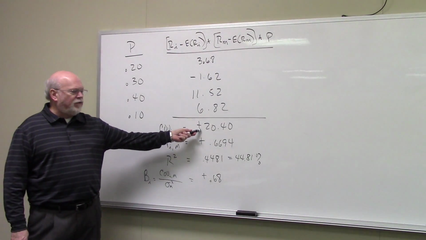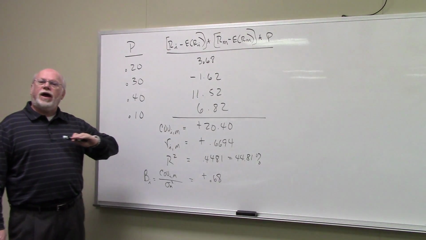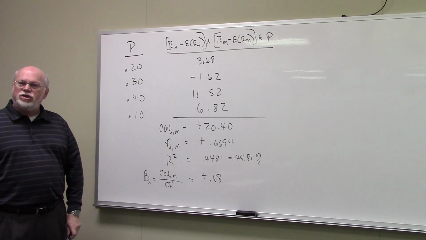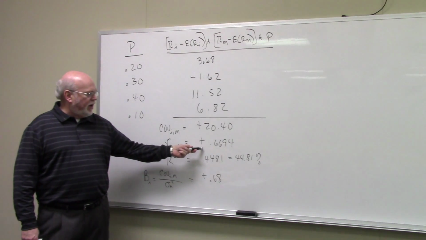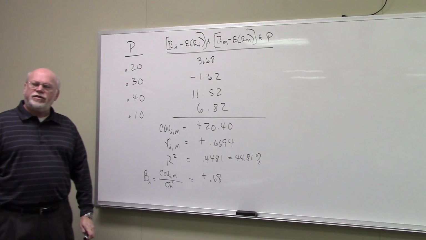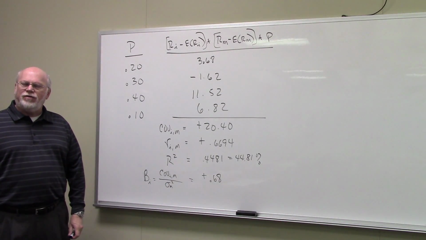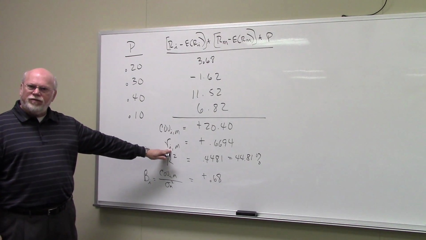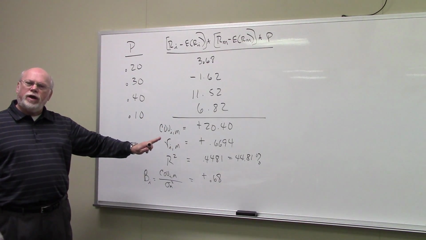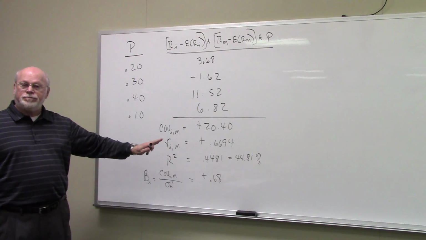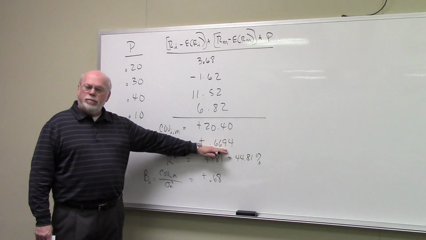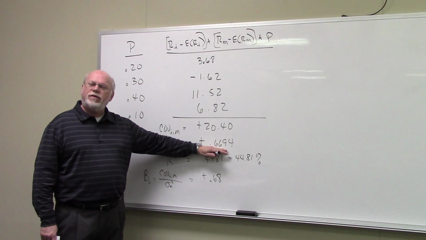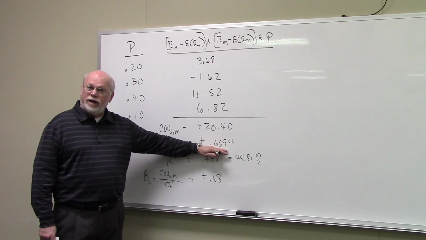If you take this covariance divided by the product of the two standard deviations, you find a correlation coefficient of a positive 0.6694. Correlation coefficients can only take on values between -1 and +1. In this case, a positive 0.67 is a fairly high positive correlation.